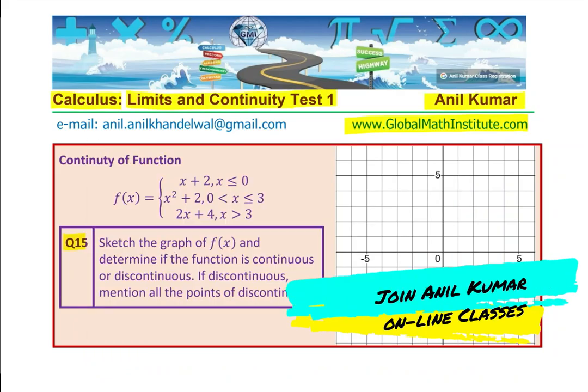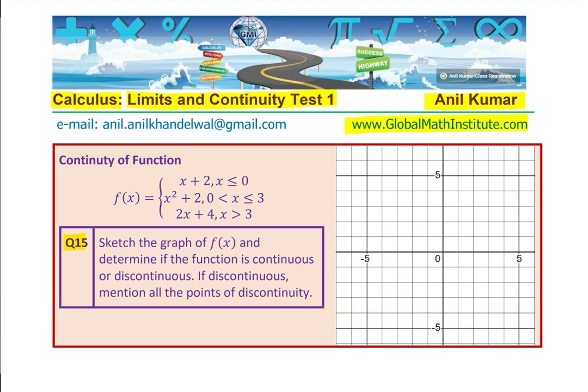Let us look into the solution of this particular question. We know that each individual graph, whether it is x plus 2 or x squared plus 2 or 2x plus 1, is continuous. The possibility of discontinuity could be at the points where we are joining.